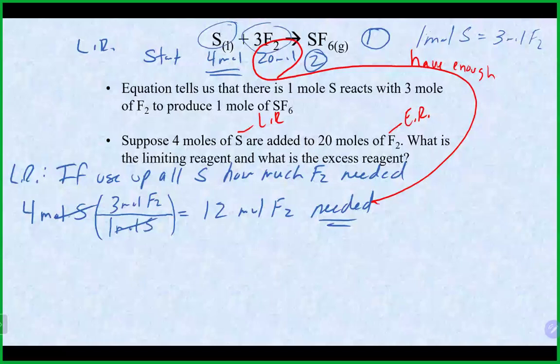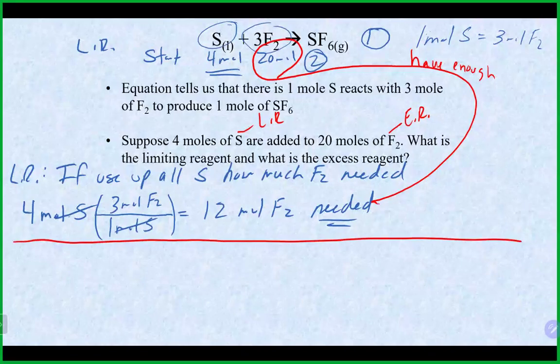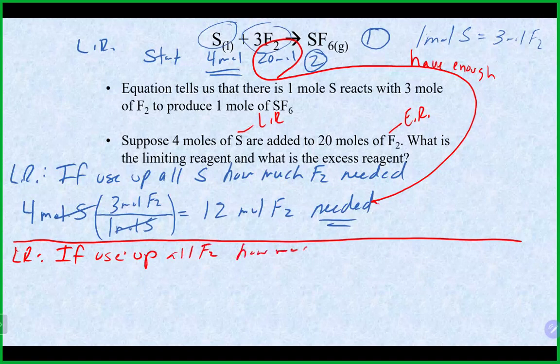So you don't necessarily have to do them both, but I'm just going to show you that if you chose the other reactant, it will come out the same. So for example, if I chose alternatively to figure out the limiting reagent, if I want to use up all of my F2, how much S is needed?